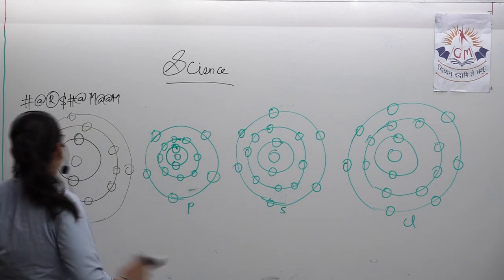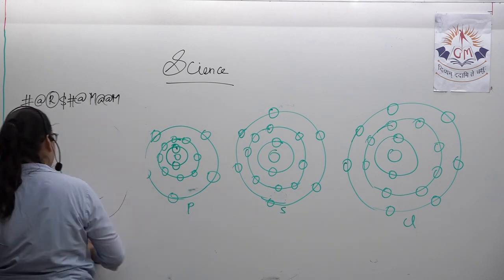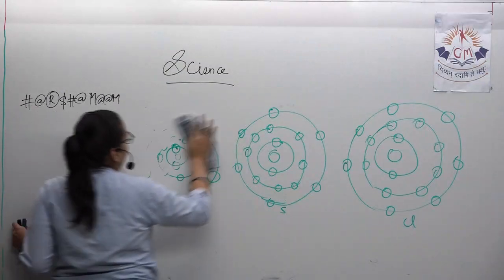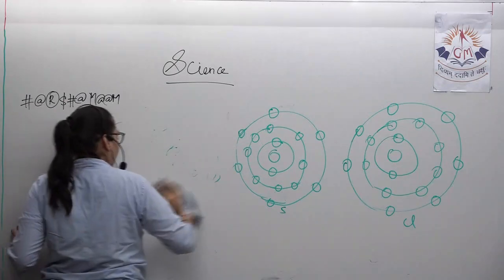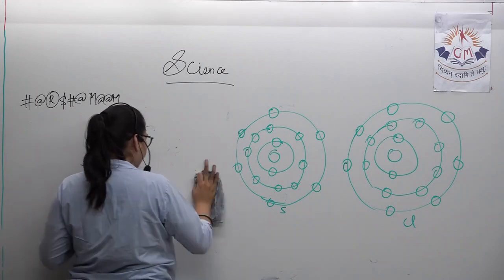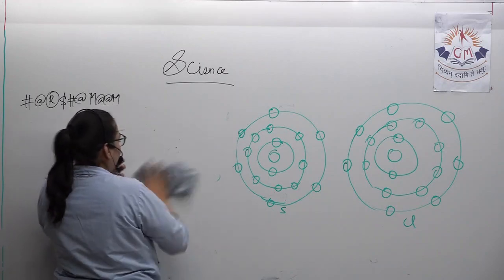Okay, I hope that you have noted. After chlorine, argon, potassium and calcium. 3 are remaining. 20. Okay, see that.